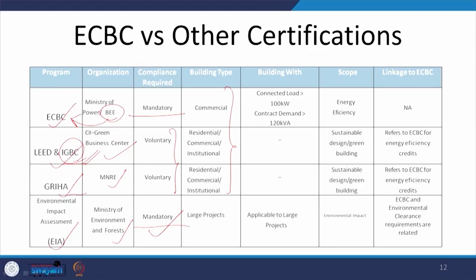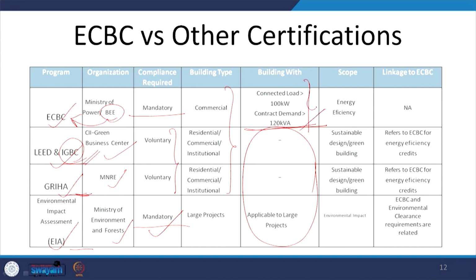LEED, IGBC and GRIHA, which are the green building rating programs, and EIA, do not have any minimum mandatory requirement for the connected load or the energy demand of the building, while ECBC gives that requirement, where at least a connected load of 100 kilowatt or a contract demand of 120 kVA is required.